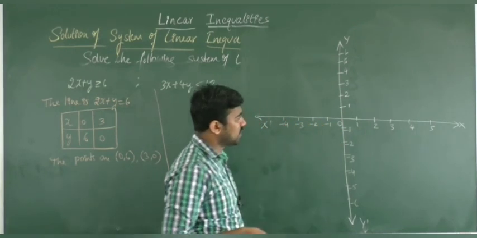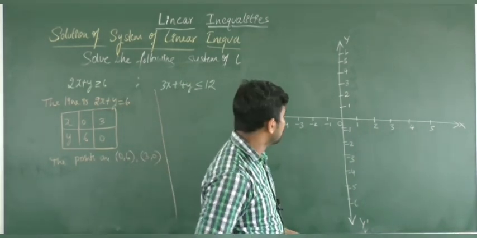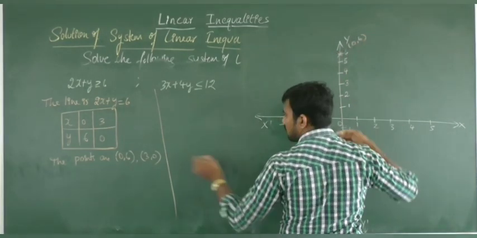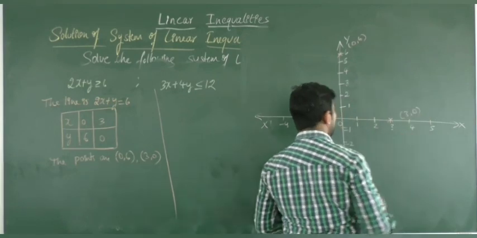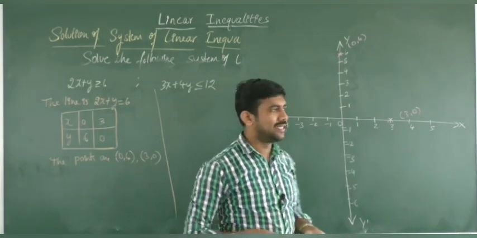Now the points are 0, 6 and 3, 0. Join the points using a thick line because it is a slack inequality, right?